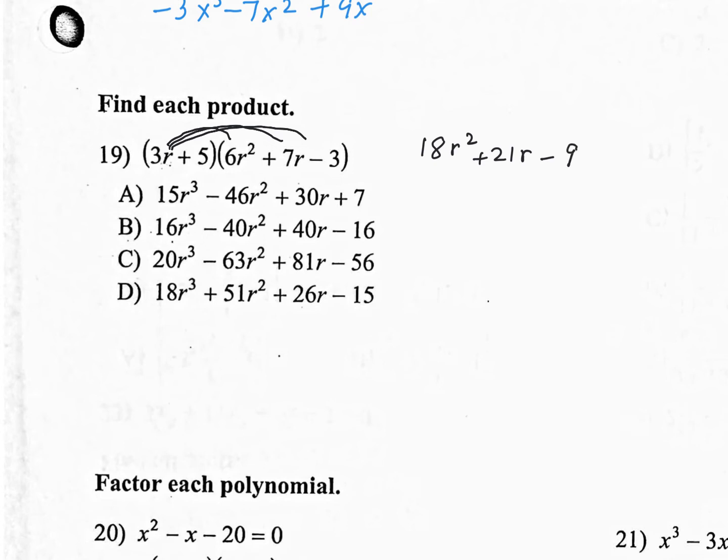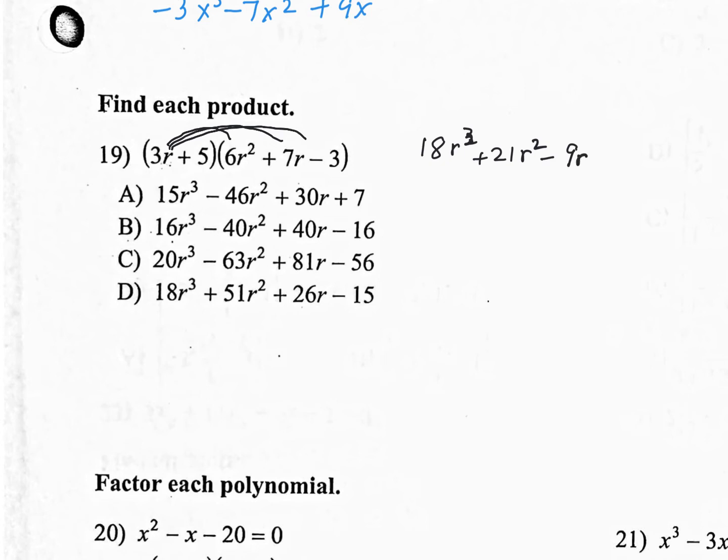So just to check, 3r times 6r squared gives you, there was my mistake, it's 18r cubed. And then 3r times 7r is 21r squared. And then 3r times negative 3 gives you negative 9r, right?